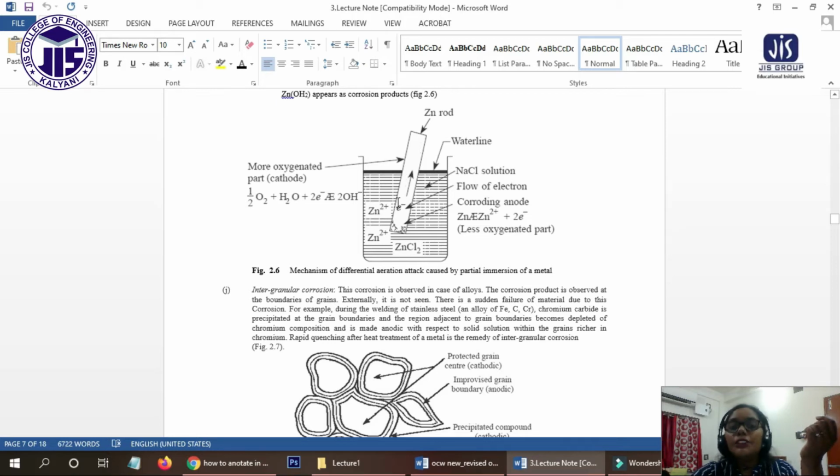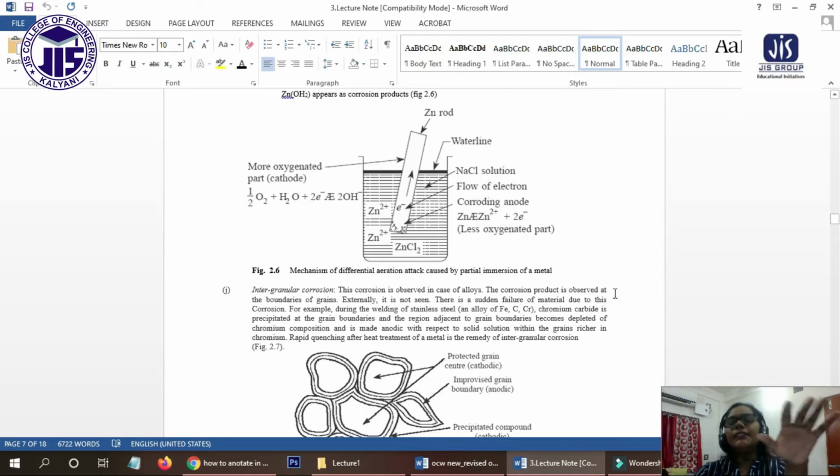Some of the zinc rod is below the sodium chloride layer, and some is open to air. So here also the same zinc surface has different concentrations of oxygen. This difference in oxygen concentration will cause corrosion of the zinc surface. After so many days we have this corrosion below the sodium chloride layer, and that is called concentration cell corrosion.